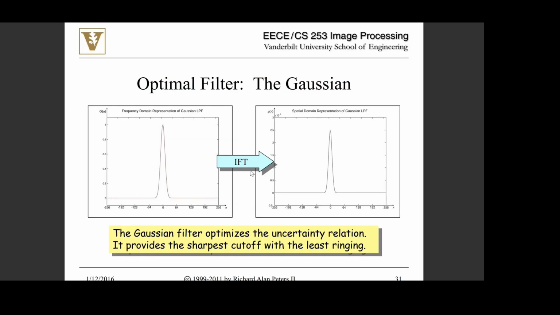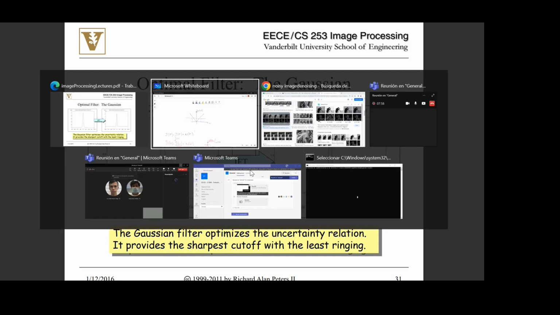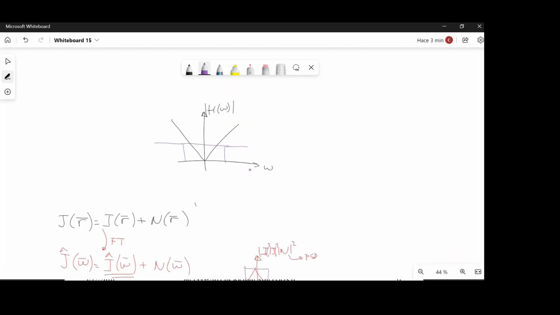Okay, so let's see if I can design a filter that is more or less compact in one domain, so in the frequency domain, and more or less compact in the spatial domain. And that filter is the Gaussian. So the Gaussian is compact in both, or relatively compact in both. You know that the Gaussian has this.